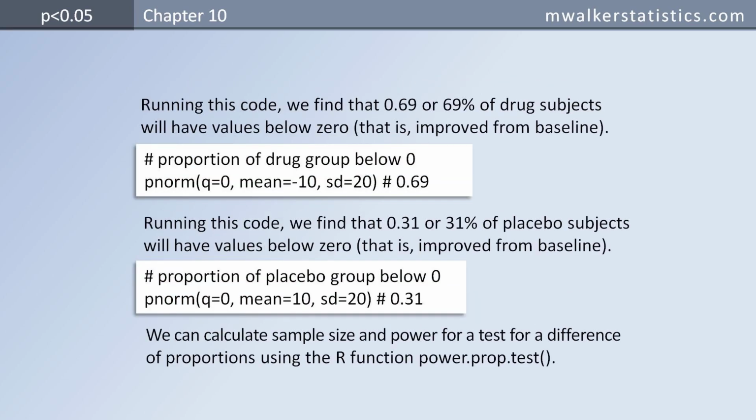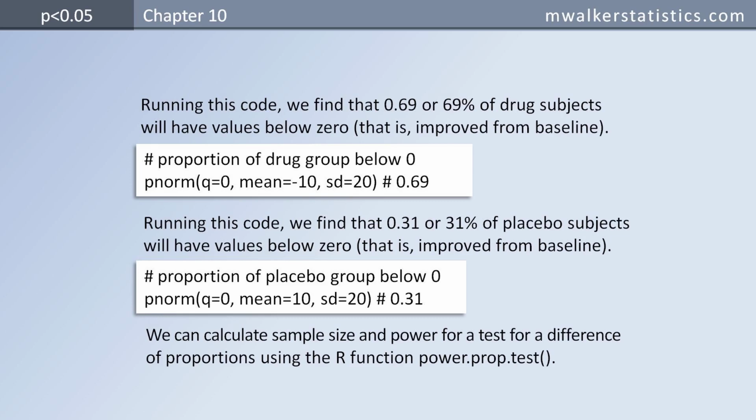Running this code, we find that 0.69 or 69% of drug subjects will have values below 0, that is, improved from baseline. Running this code, we find that 0.31 or 31% of placebo subjects will have values below 0, that is, improved from baseline.